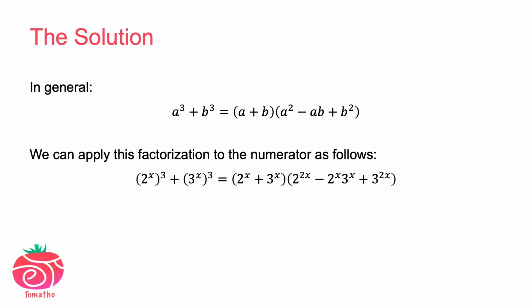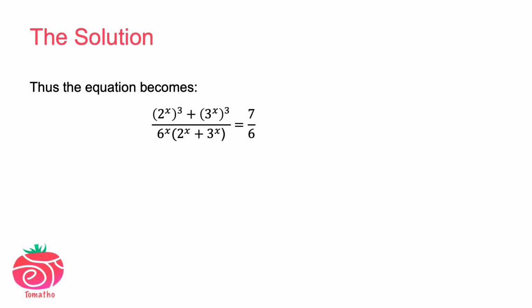Then, we rewrite the numerator and denominator as what we have. Then from our factorization, we have as follows. Here, we can cancel out the common term 2 to the power of x plus 3 to the power of x. So now it becomes this.